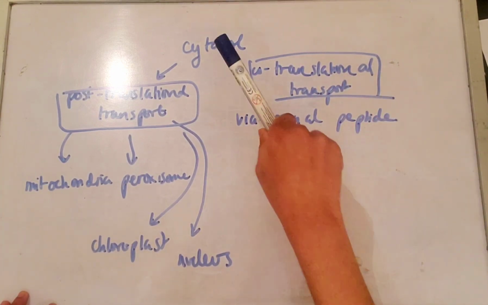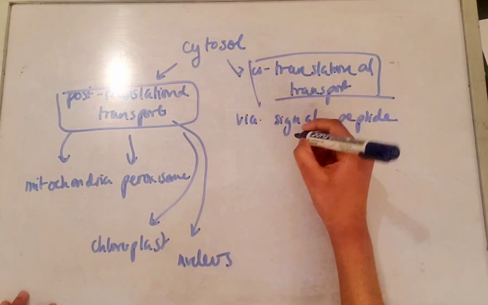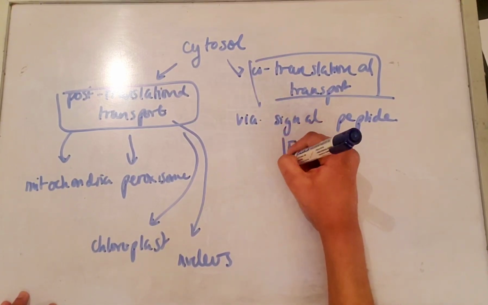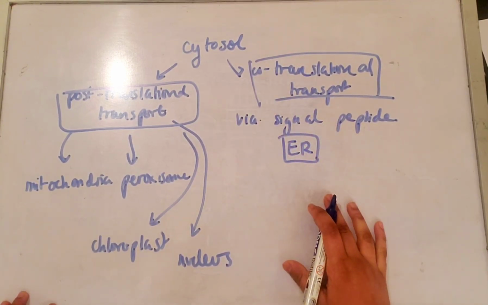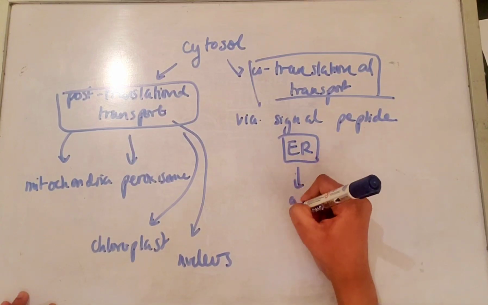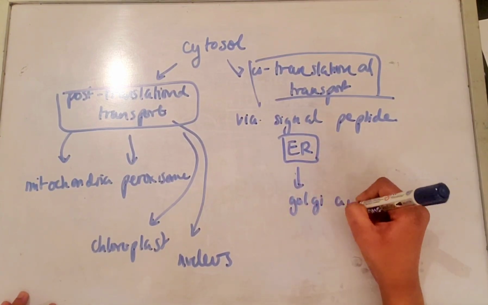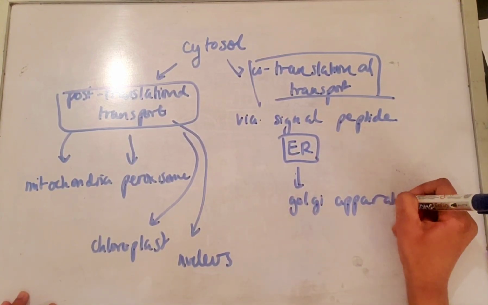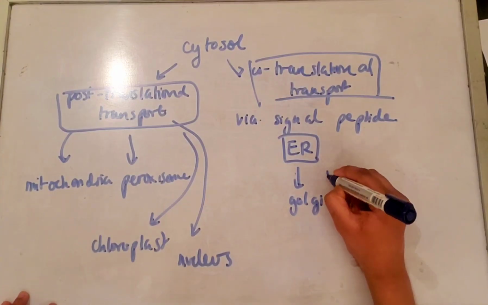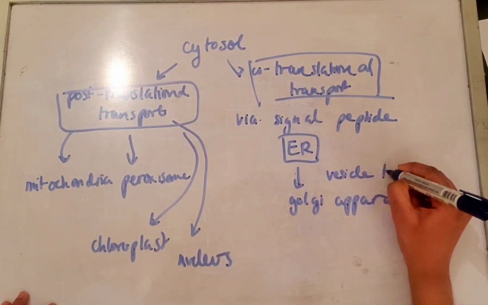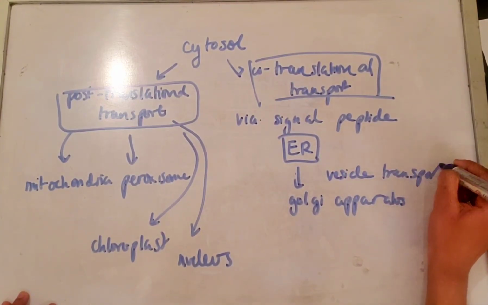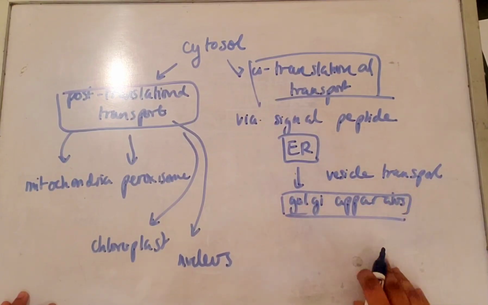So we have our protein starting off in the cytosol and it goes to the endoplasmic reticulum. And from the endoplasmic reticulum, it is sent into the Golgi. And this is through vesicle transport, so we use transport vesicles. Okay. From the Golgi, it has a number of places it can go.